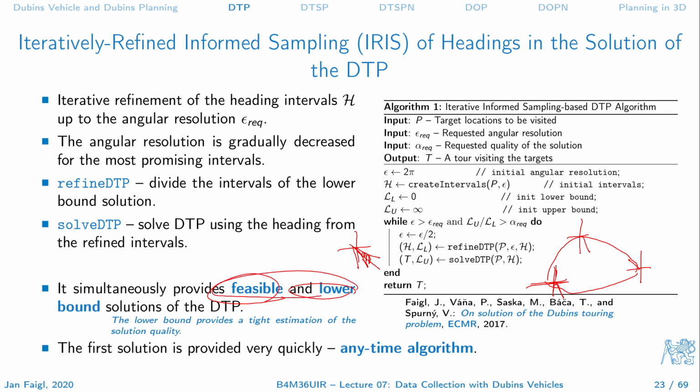So we can estimate the quality, and because we start with a really rough, even full interval, we can quickly find a first solution, and then additional computational time just improves it. So we have the anytime property, which is nice because the first solution is provided quickly, and if we have more time, we can improve the solution.